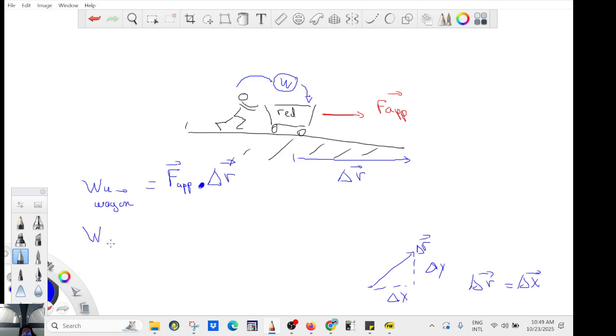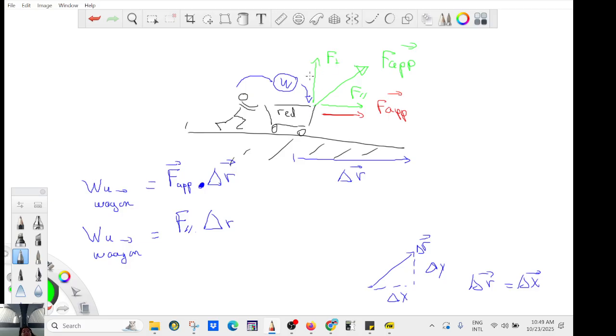That just means the following: the work done by you on the wagon will be equal to the component parallel to the displacement times the displacement. Because if instead of pushing in this direction, I pull, let's say now the force is this way, then only the component parallel to the displacement is providing the work.